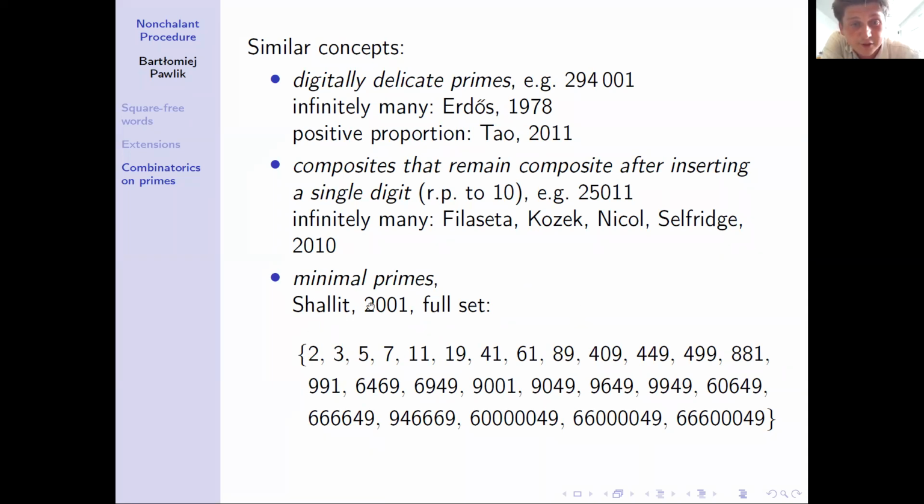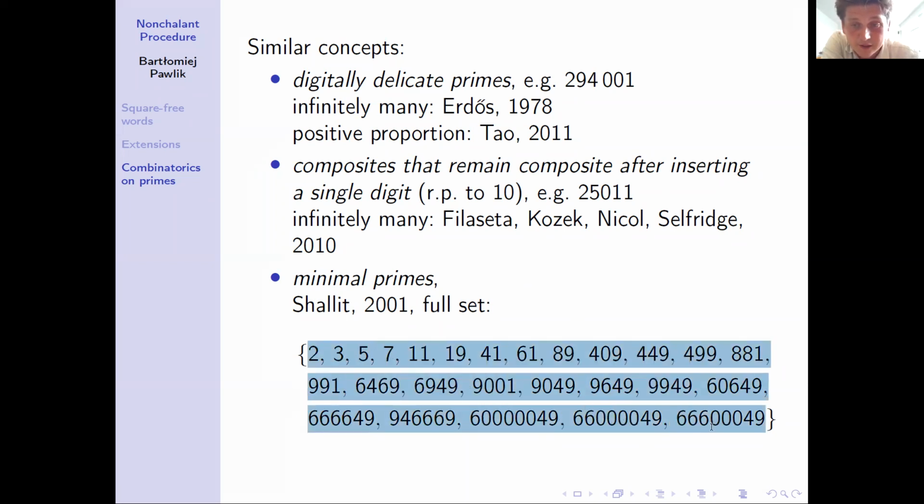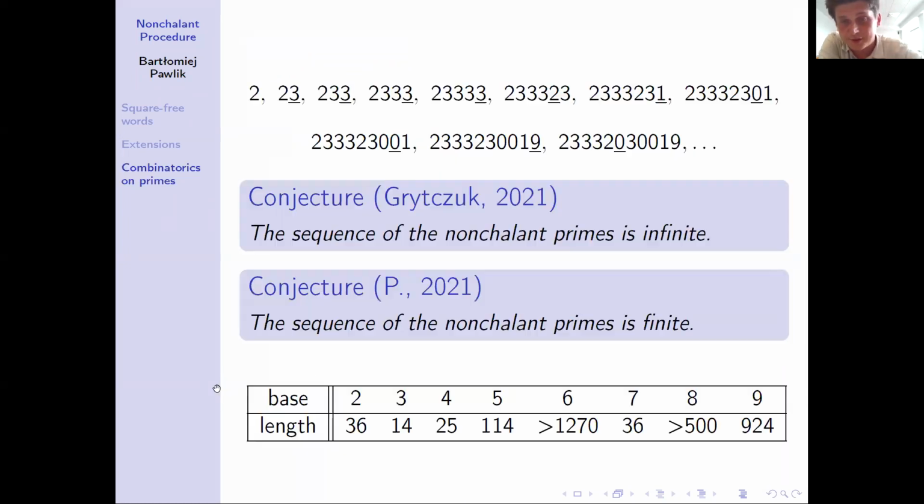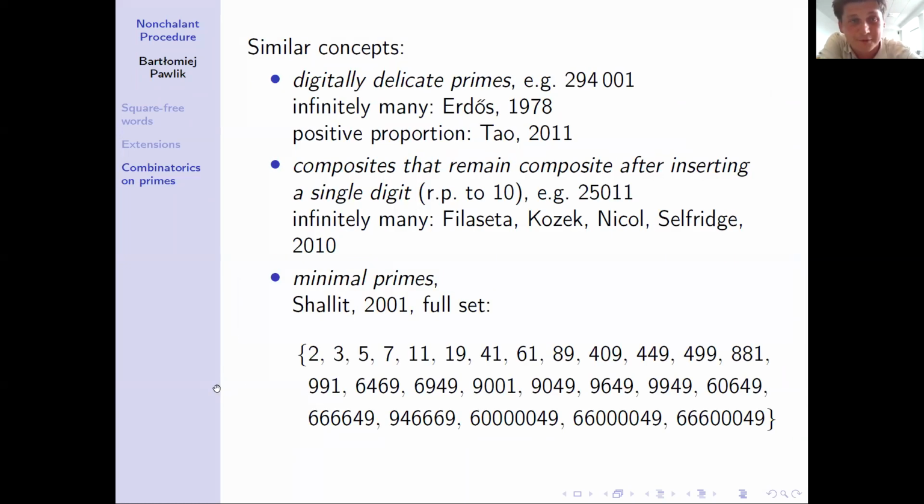So Jeffrey Shallit showed in 2001 that the minimal element is one of the primes that are shown here. And I don't know what happened.